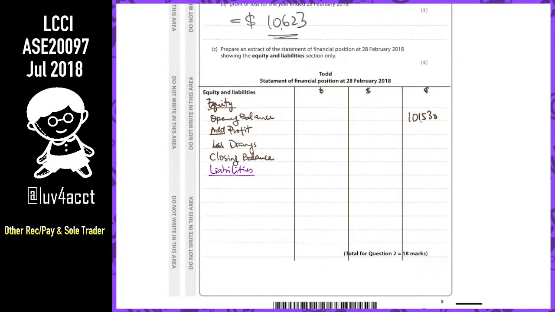So let's make it 2 columns. We only have 2 items of liabilities: trade and other payables, and also bank overdraft.